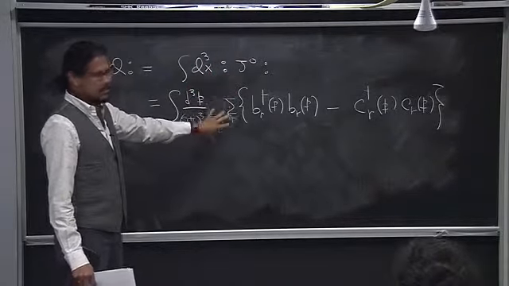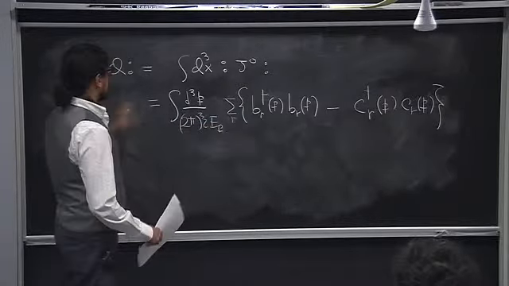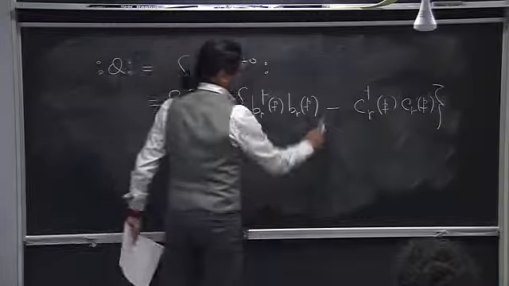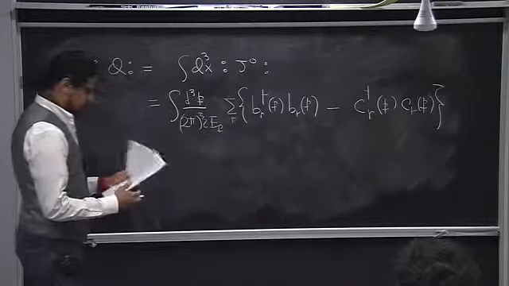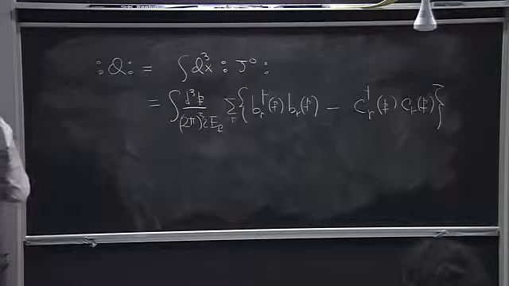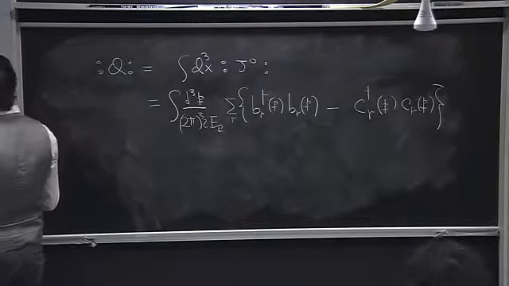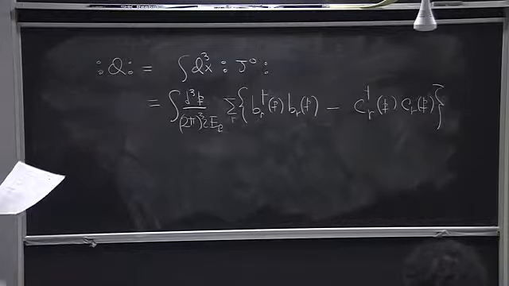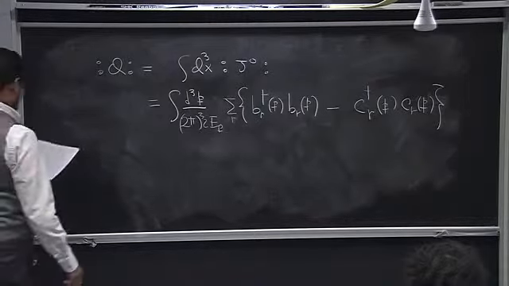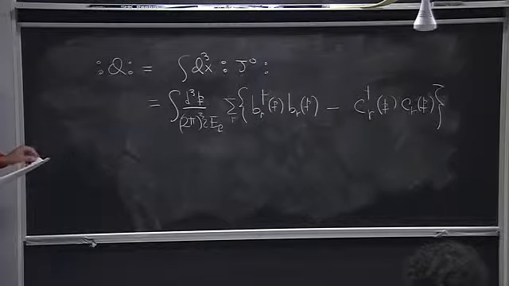But in a complex scalar field and also in a complex spinor field, the conserved charge has a minus sign. So that's important. So in other words, Q is not a positive definite or a negative definite quantity. Okay?